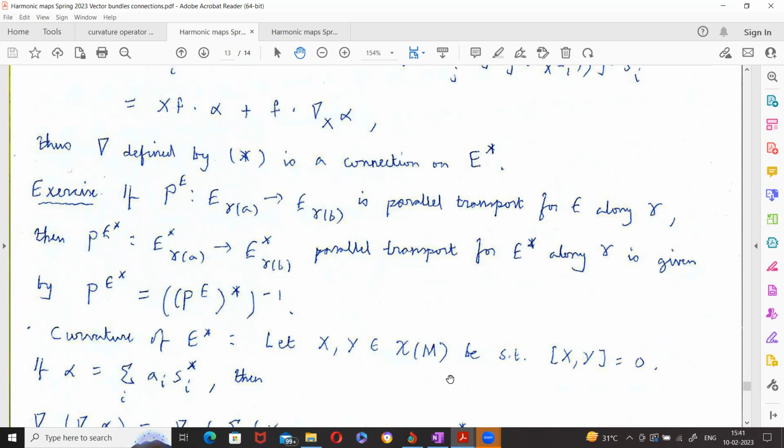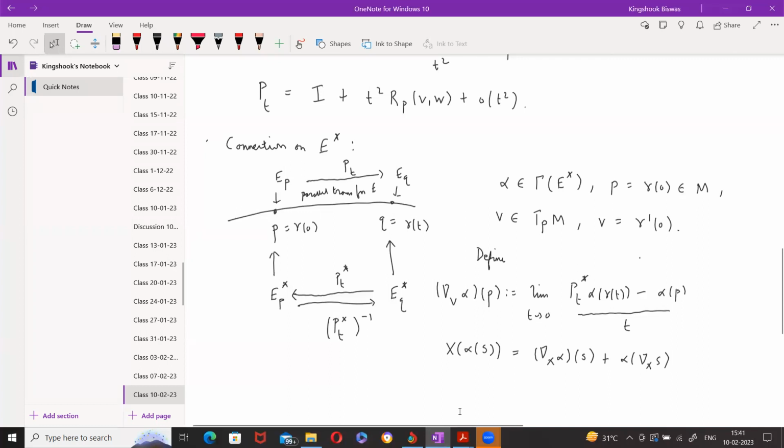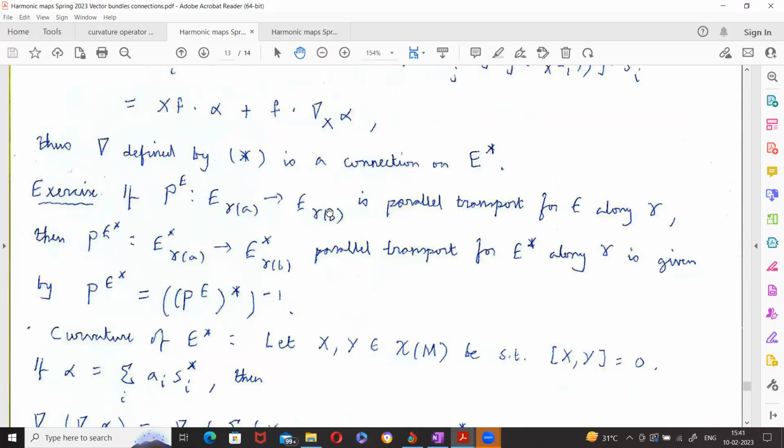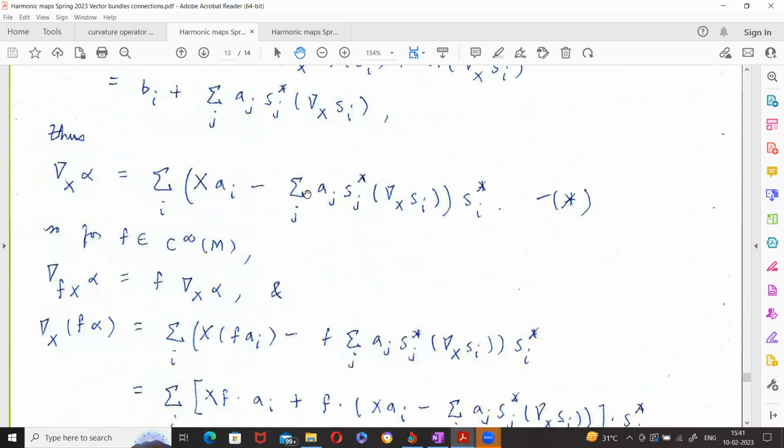So that will show that this definition here matches with the definition given here. That will show that these two definitions agree.